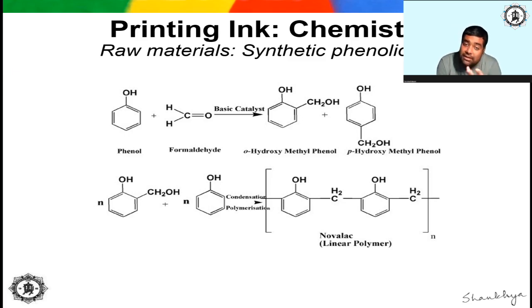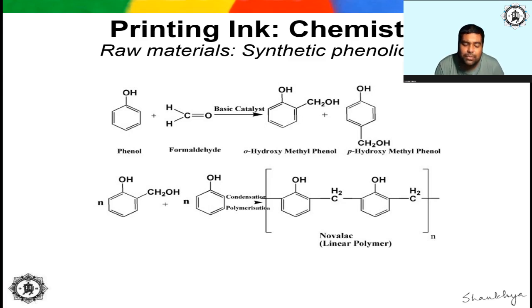Okay. So this is another very popular resin here. You see again that in most of the reactions, the final step is the condensation reaction. So here you see phenol and formaldehyde together are being used to create a new resin which is known as synthetic phenolic resin.